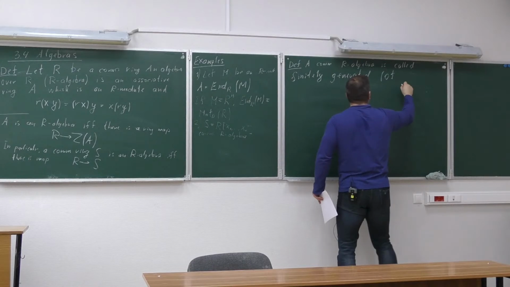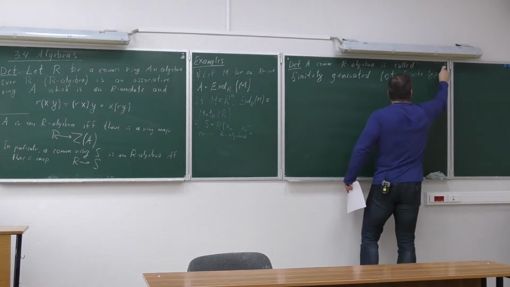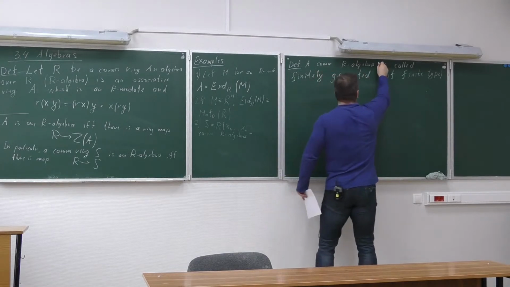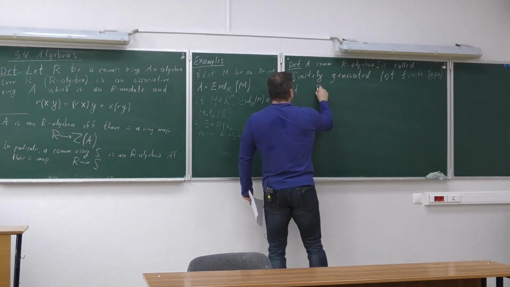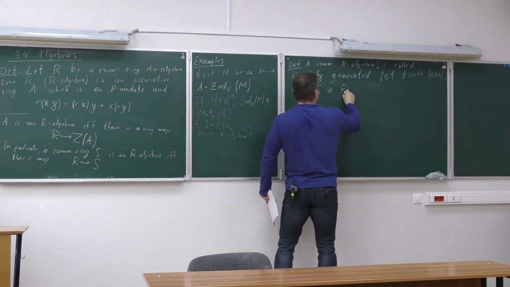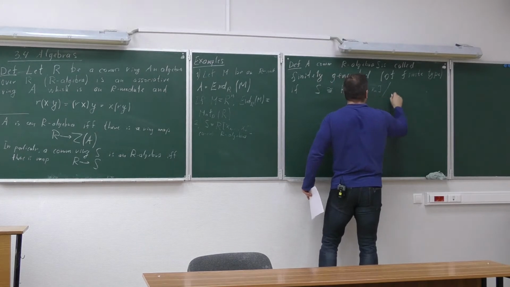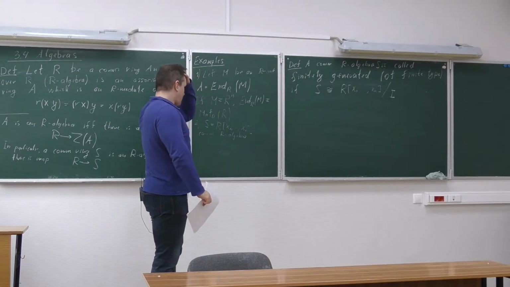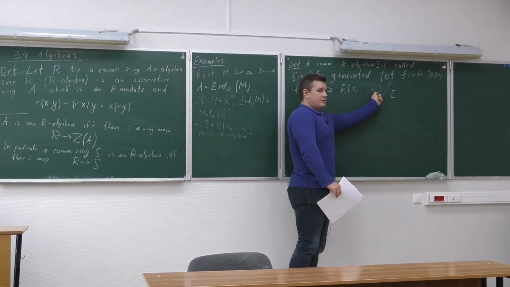Let's say that a commutative R algebra S is called finitely generated, or sometimes people say of finite type, if this S is in fact isomorphic to the polynomial algebra on finitely many variables, and then I take a quotient by some ideal. So finitely generated means I can choose finitely many generators, but in the sense of algebras. In the sense of algebras means that I need to consider a polynomial ring in the commutative case.